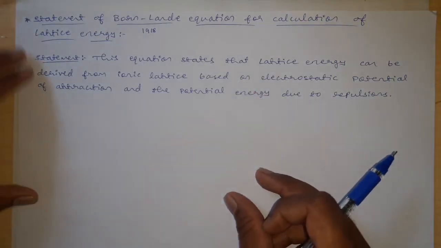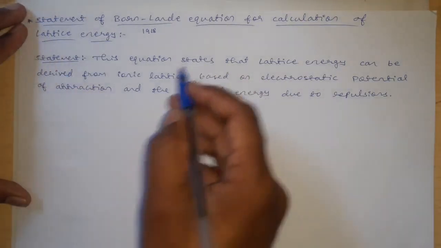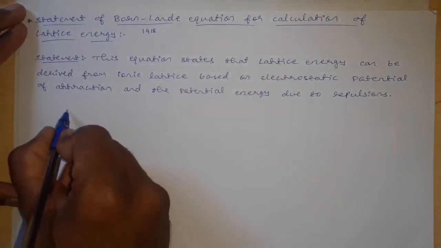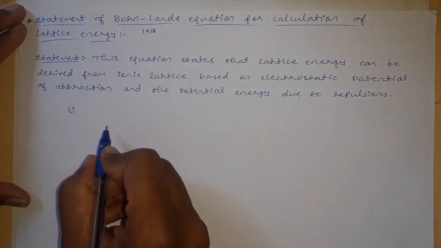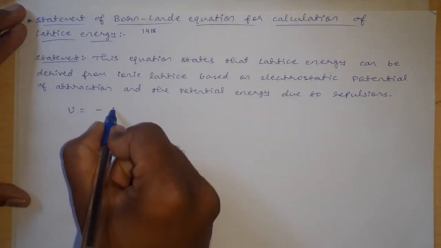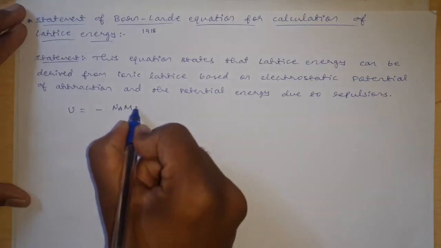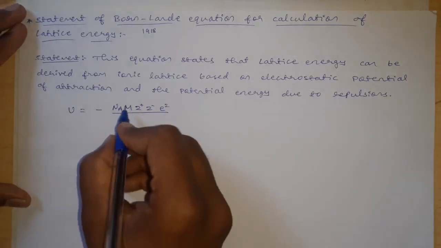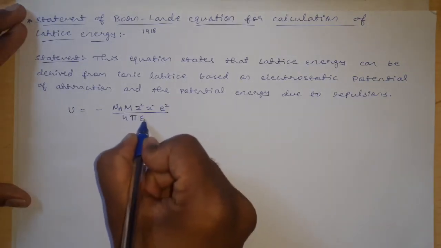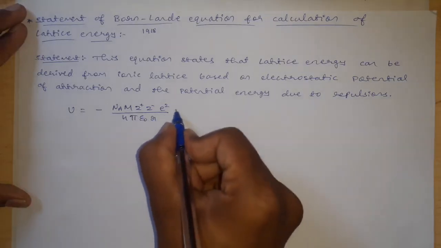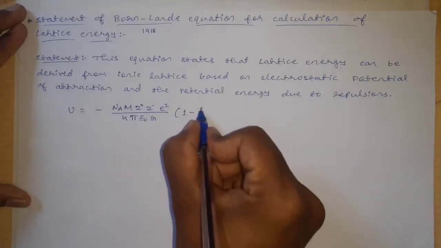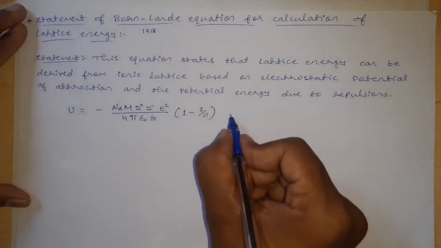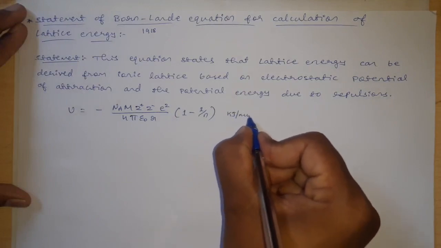atoms. So here I am writing the equation for that statement, and as we have discussed, the symbol for lattice energy is capital U. U is equal to negative N_A M z plus z minus e squared divided by 4 pi epsilon naught r, into the bracket 1 minus 1 by n, and the unit for this is kilojoule per mole.